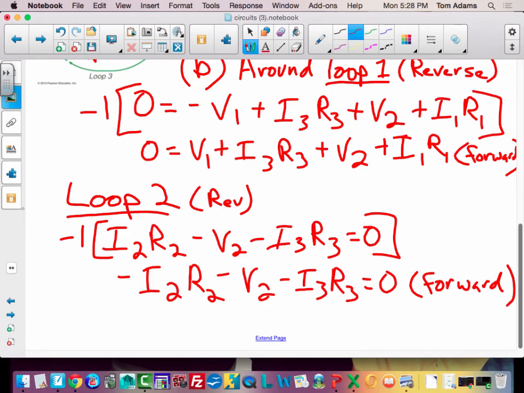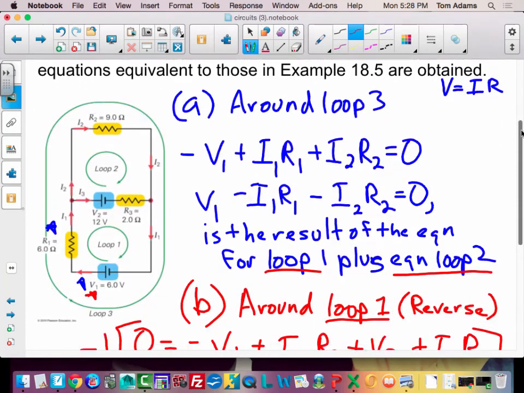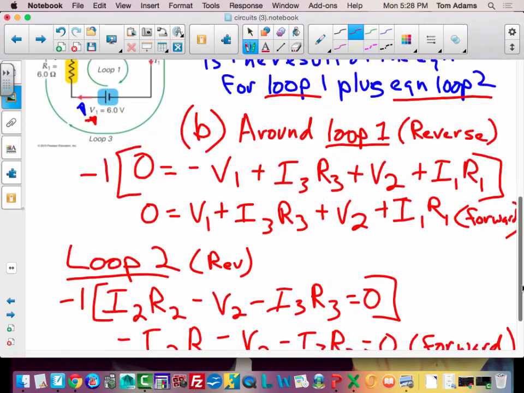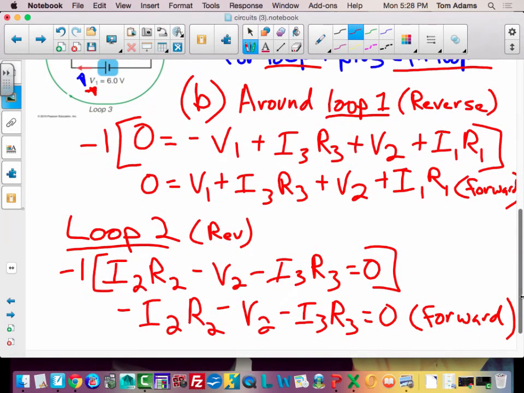And so if you look at that carefully, V1 minus I1 R1, that's the result of equation 1 plus equation 2. And so if you add the forwards together, you'll get some canceling.